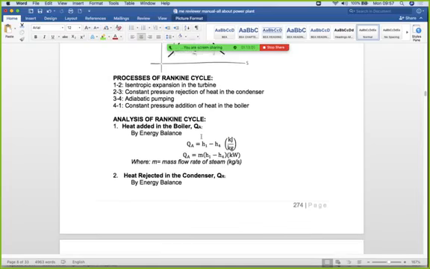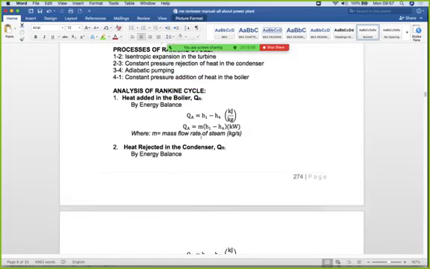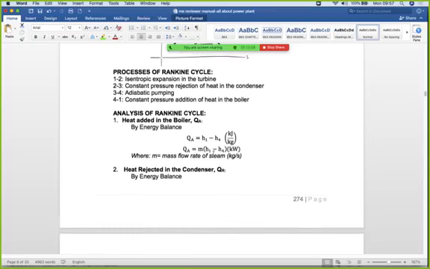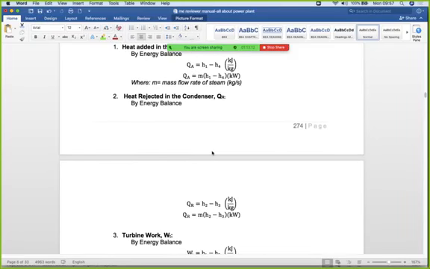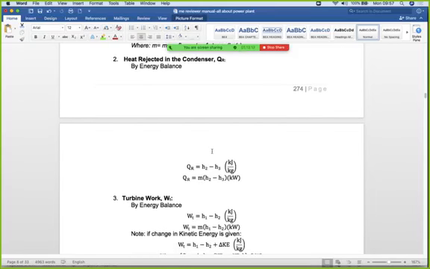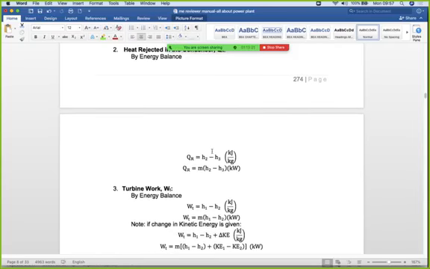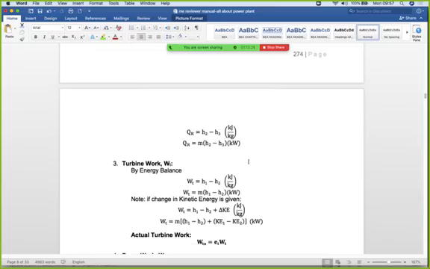The energy balance is between 3 and 2, that is enthalpy 2 minus enthalpy 3. So the heat rejection is mass times H2 minus H3, and the unit is kilowatt.